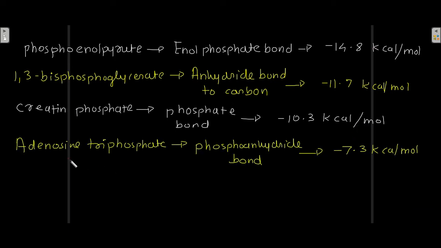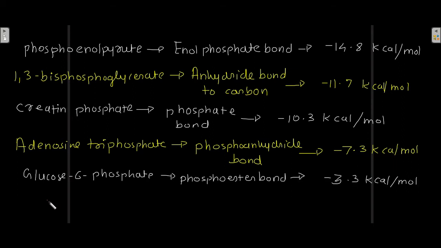Now your adenosine triphosphate, that is ATP, has a phosphoanhydride bond, and when you break that phosphoanhydride bond you get a standard free energy of minus 7.3 kilocalorie per mole.